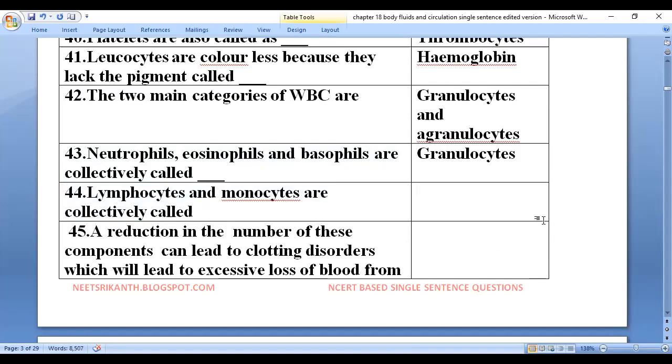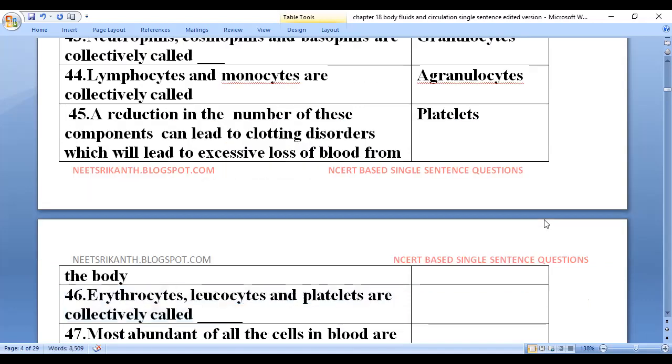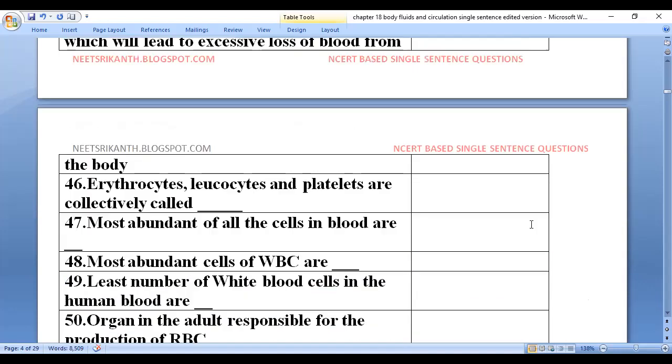Lymphocytes and monocytes are collectively called agranulocytes. Reduction in the number of platelets can lead to clotting disorder, which leads to excessive loss of blood from the body. Erythrocytes, leukocytes, and platelets are collectively called formed elements.